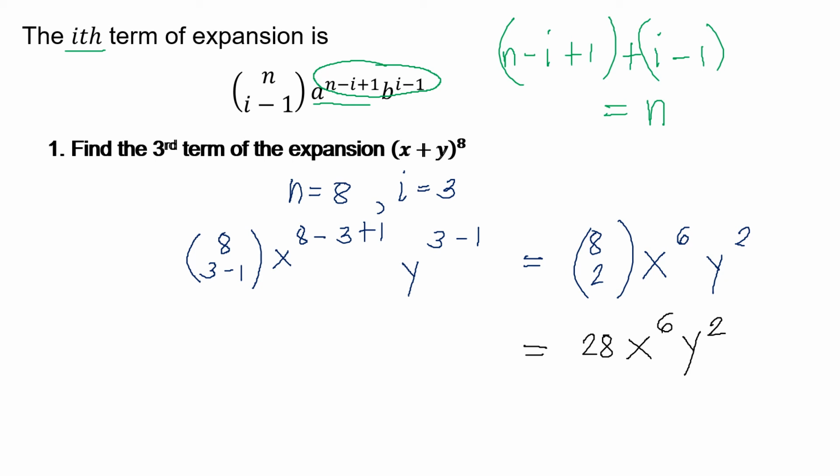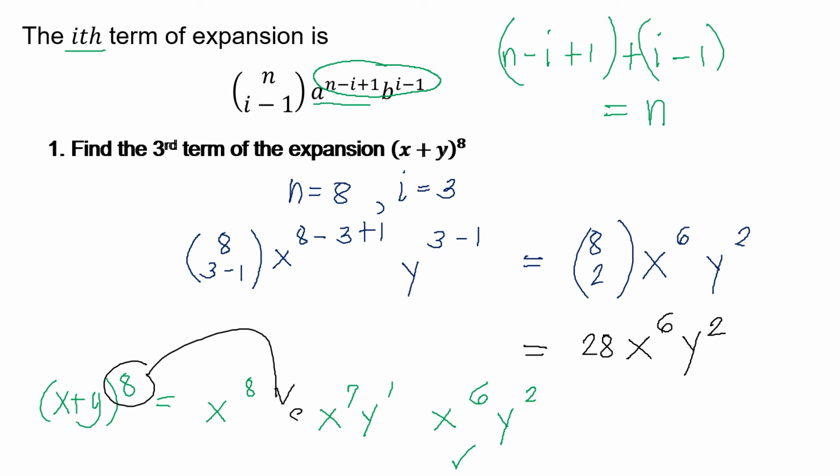We can also prove that in the expansion, if we start to expand x plus y raised to 8, we know that we can start from x raised to 8, then move to x raised to 7, then x raised to 6. So we're looking for the third term. If that is x raised to 6, this must be y raised to 2, for us to complete 6 plus 2 gives us 8. The second term has y raised to 1, or simply y. The numerical coefficient of the second term is 8, just copy.